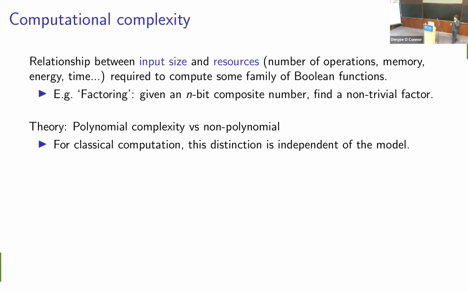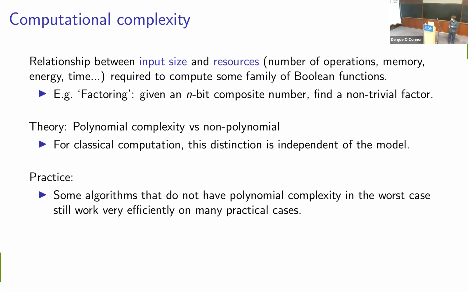And this is also the distinction that people usually use when they talk about whether a quantum computer can do certain things more efficiently than a classical computer. So we'll get back to this notion of polynomial complexity later in the talk. But just to mention that, of course, this is an abstraction. It's very nice in theory, but in practice, it's not necessarily always as relevant as theoreticians like to think.